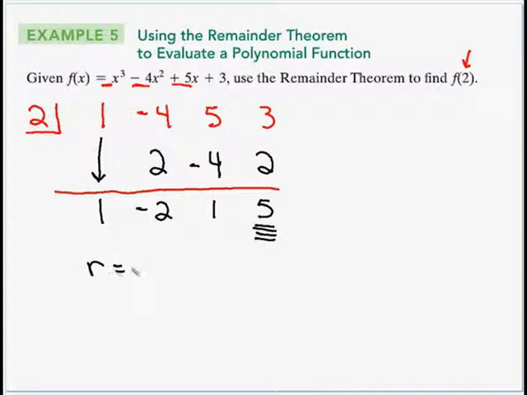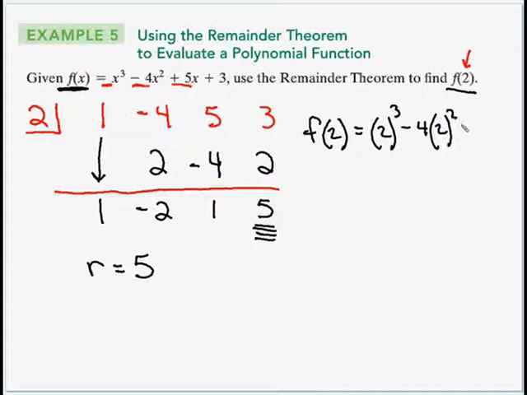So r equals 5. We could also find f of 2 by evaluating this function at 2. f of 2 is going to be 2 to the third power minus 4 times 2 squared plus 5 times 2 plus 3. So we're just evaluating the function at that number 2.